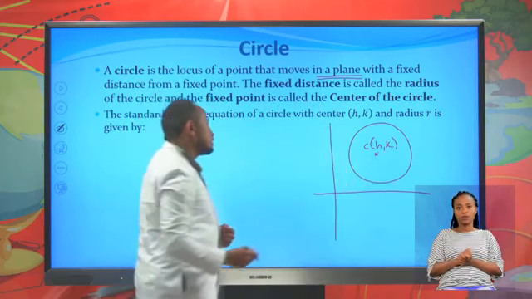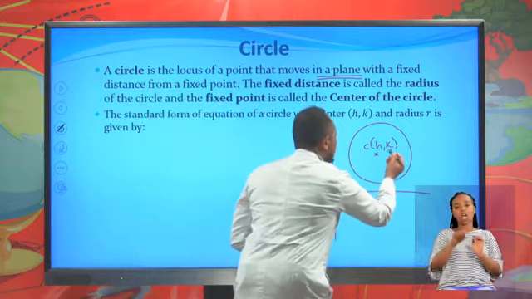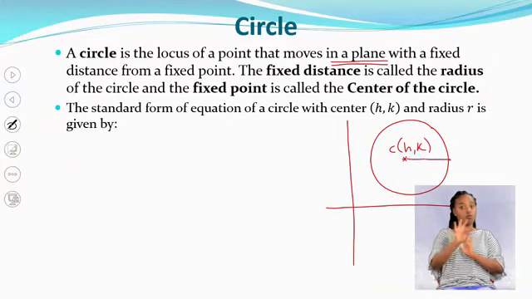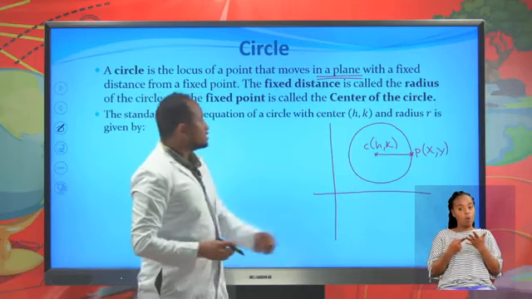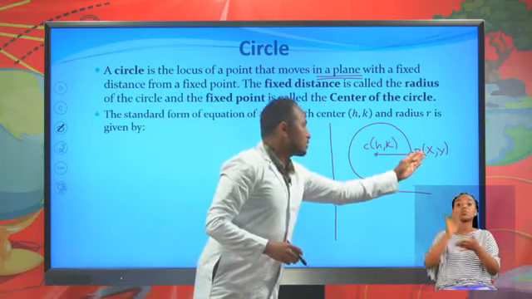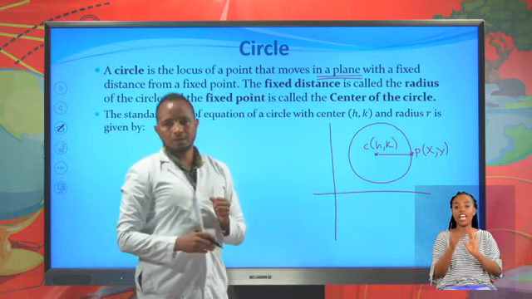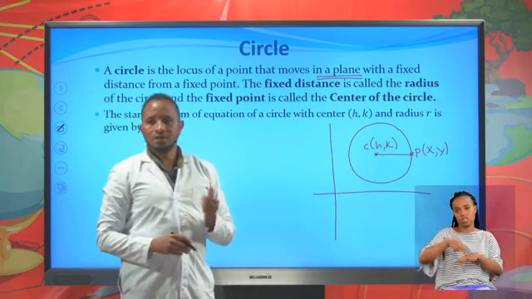To write the equation of this circle in standard form, take any arbitrary point on the circle. Let's say it is x comma y. The distance between this arbitrary point and the center is always fixed, it is constant, and that constant is the radius.